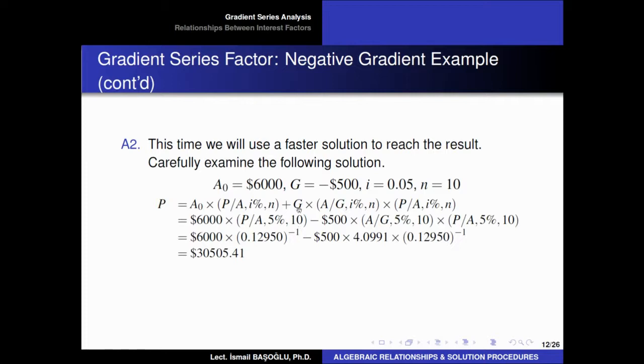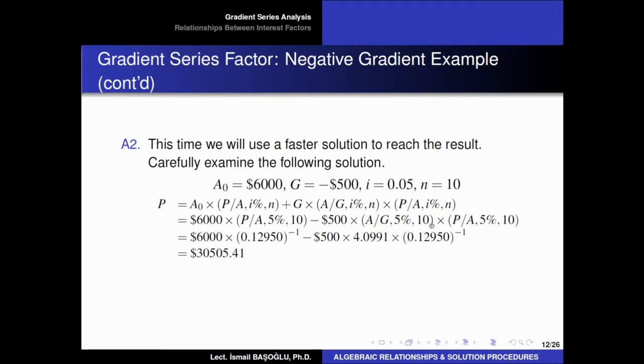And the gradient part is first converted to a uniform counterpart. Remember, the gradient is negative now. And it is converted to a uniform counterpart by multiplying the gradient size with the gradient series factor, A over G, under a 5% interest rate for 10 years. And finally, when it is converted to a uniform series, it can also be multiplied with the uniform series present worth factor P over A under a 5% interest rate for 10 years.